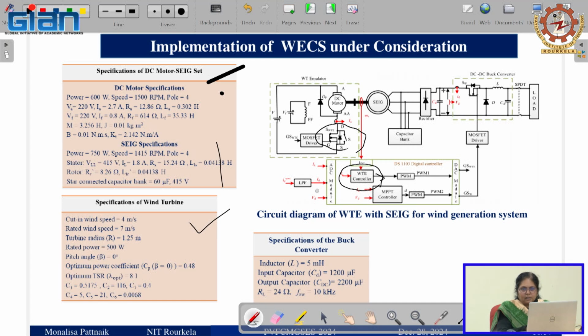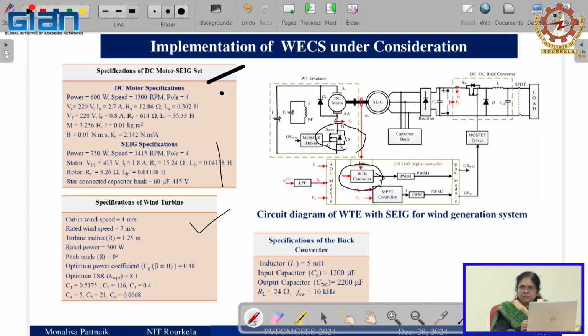can search all these papers. We have a number of papers, more than 10 I think, journal as well as conference papers, where the detailed design is given step by step, starting from the wind turbine development, how to develop the wind turbine emulator, its corresponding implementation, how the wind turbine characteristics are varied, and the corresponding results.